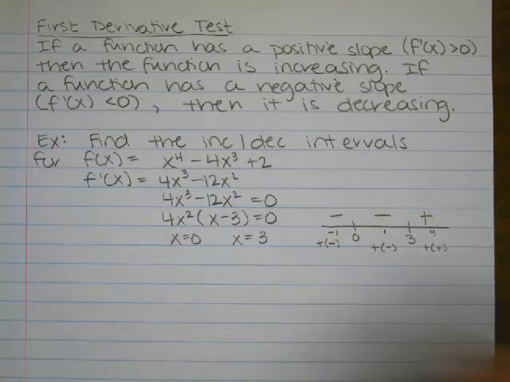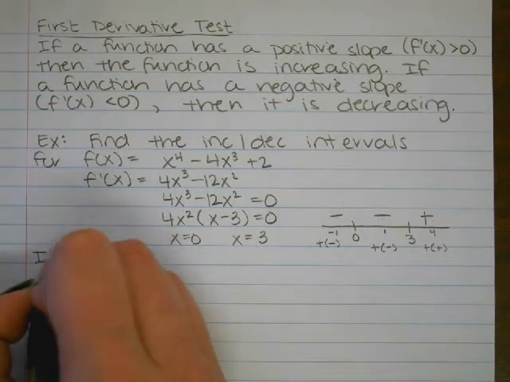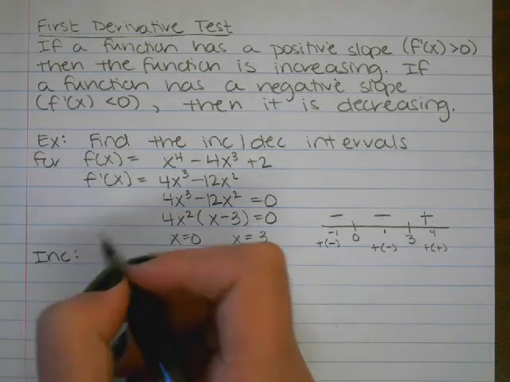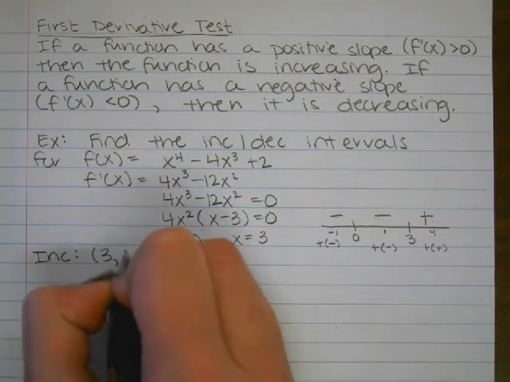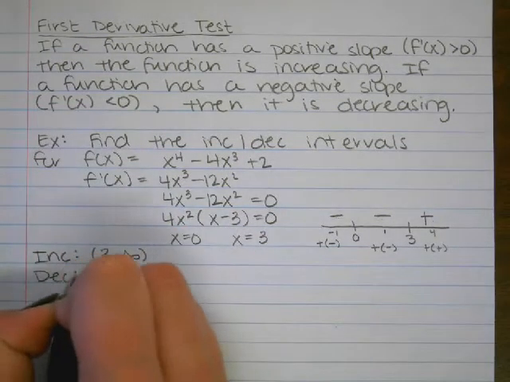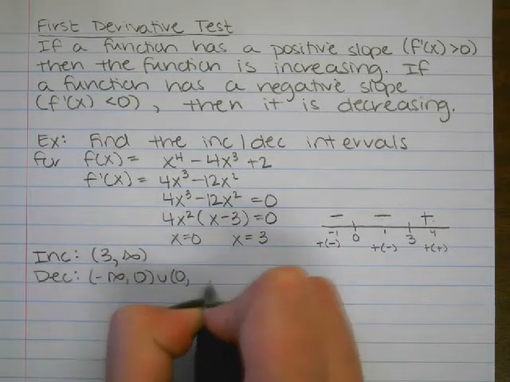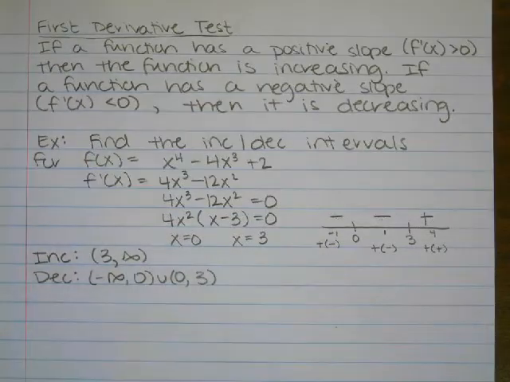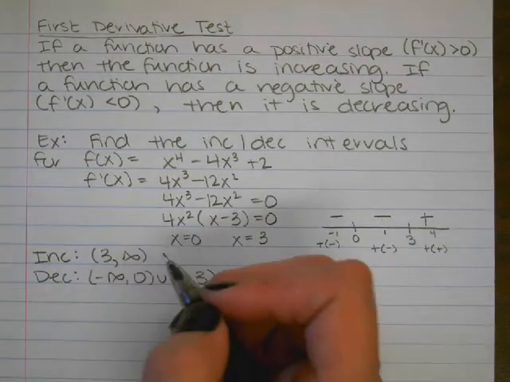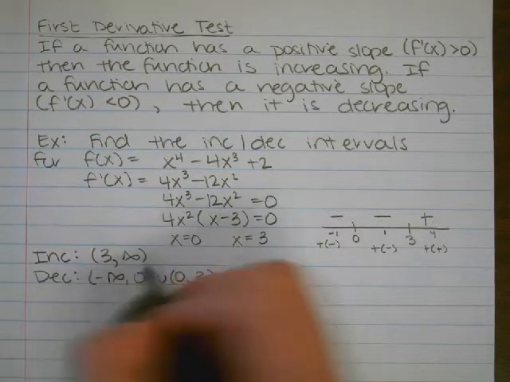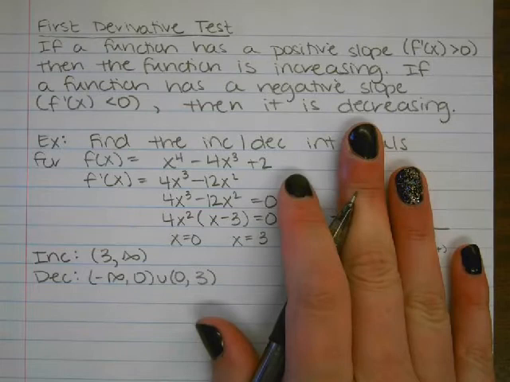Okay, so I'm going to go ahead and write those answers down here. Increasing from 3 to infinity, decreasing from negative infinity to 0, and then 0 to 3. And when you're working on these problems for an AP exam and you're justifying your answer, the sign chart does not count as a justification.